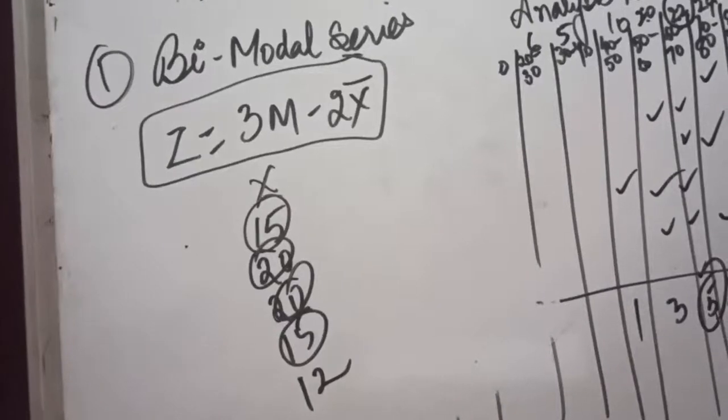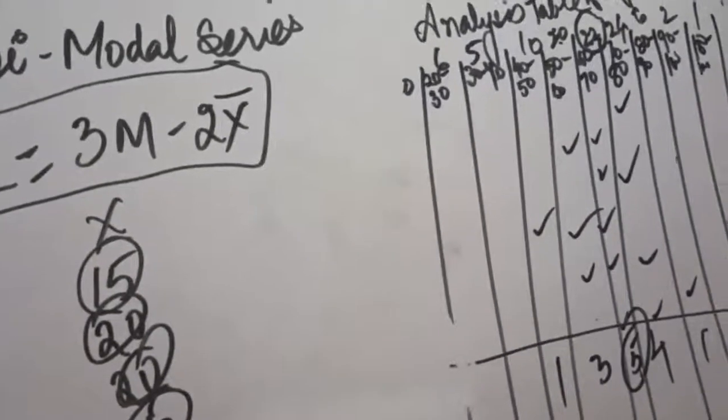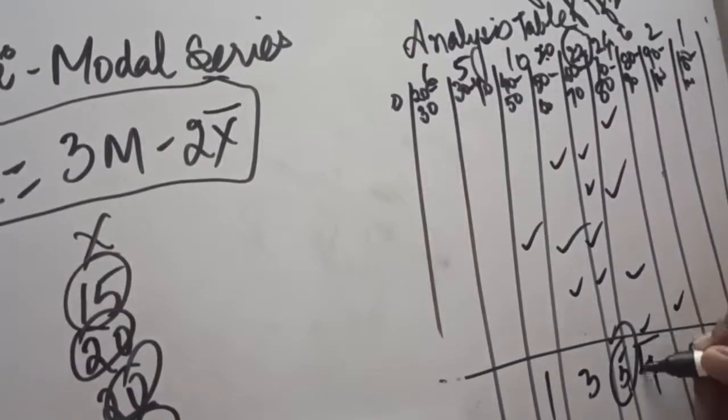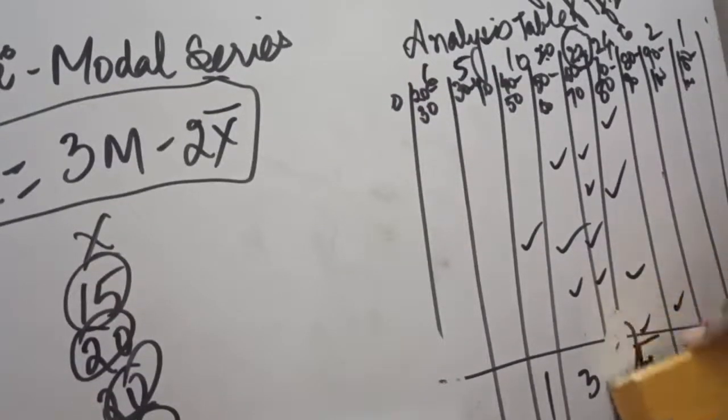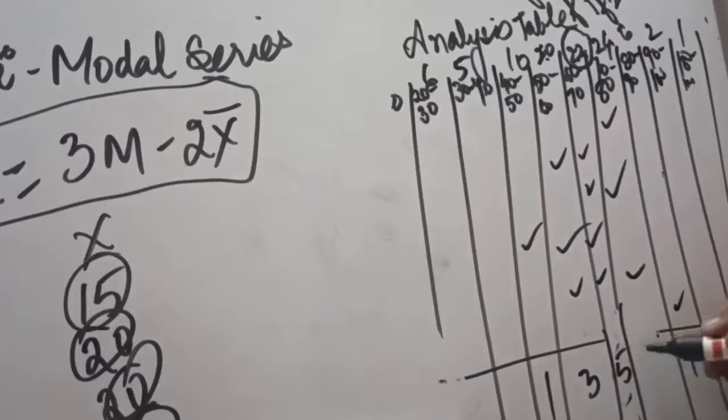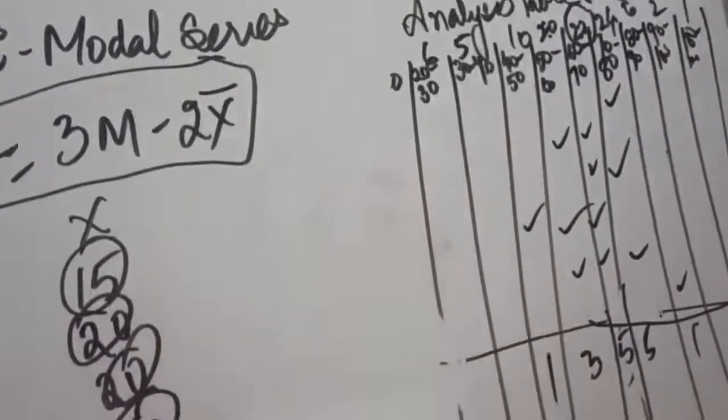If you look at this example that we have just solved, here if instead of this 4, 5 comes. If we have prepared the analysis table, and from the analysis table this type of results come in front of us. So here you can see that instead of the maximum value 5, there are two maximum values, 5 and 5.